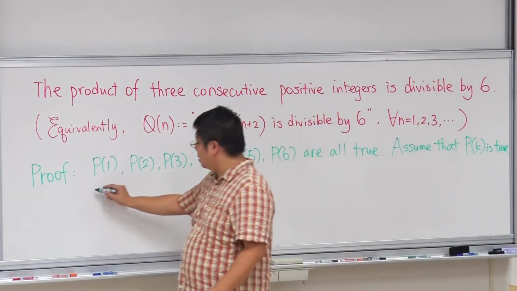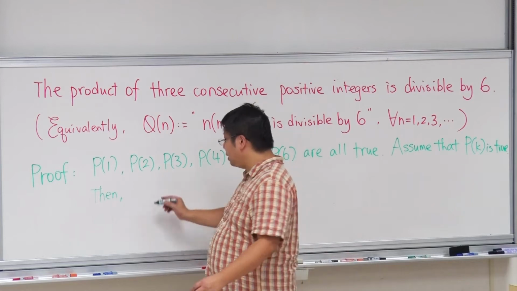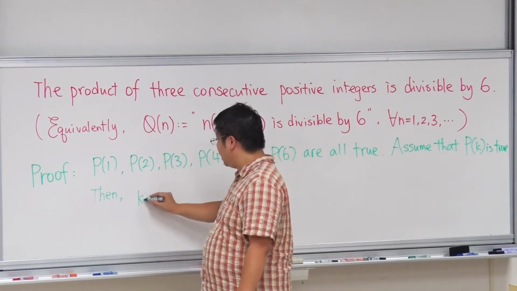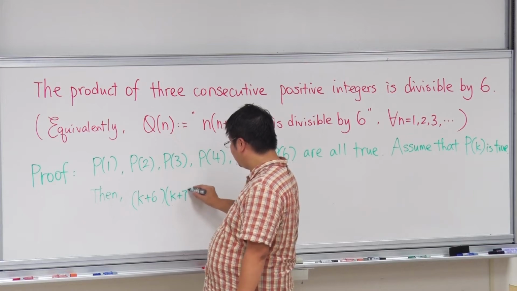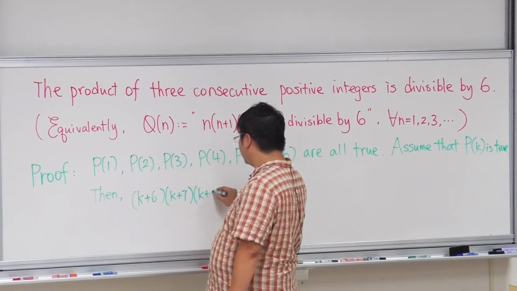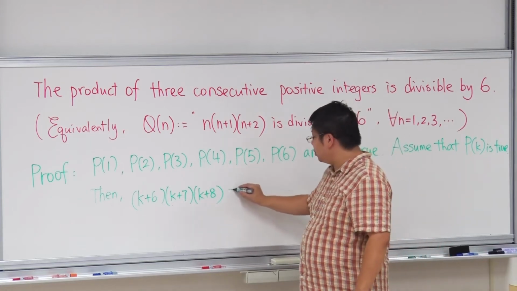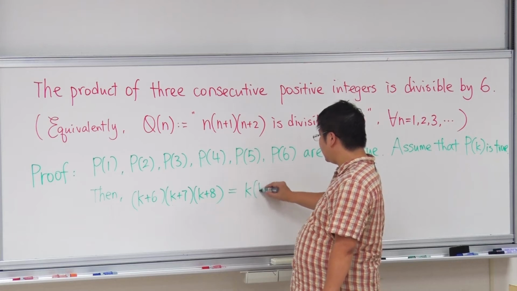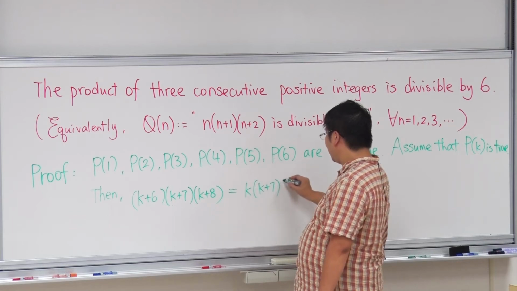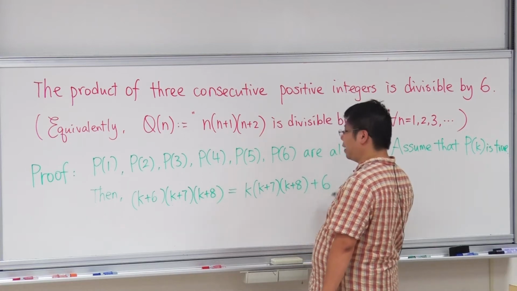Then Pk plus 6 will be looking at k plus 6 times k plus 7 times k plus 8. Is that okay? So this will be equal to what? This will be equal to k times k plus 1 times k plus 2 plus 6 something.